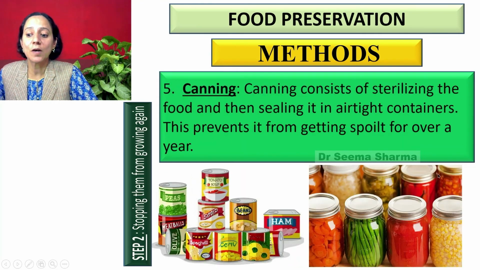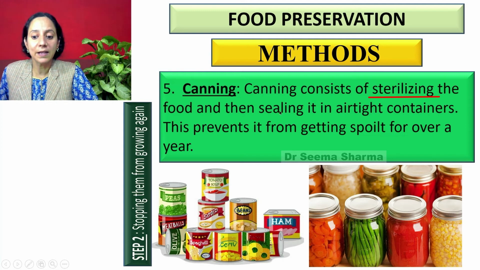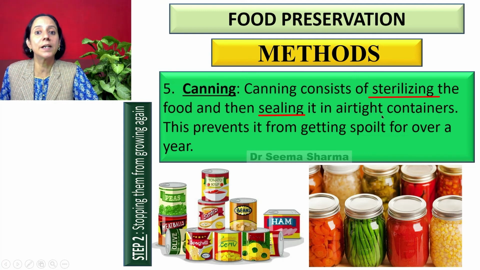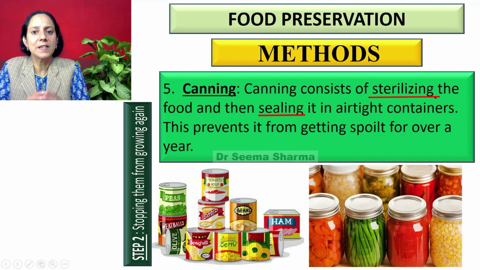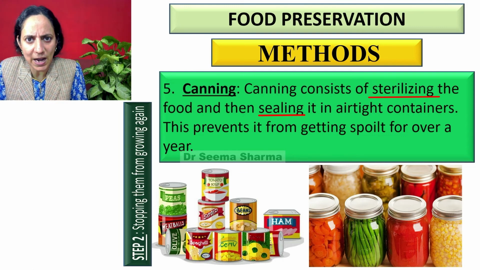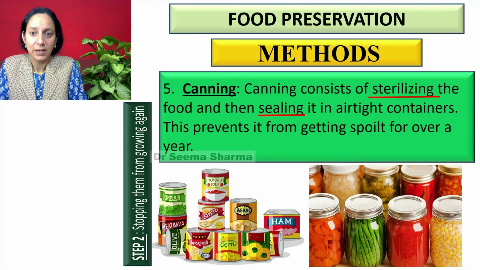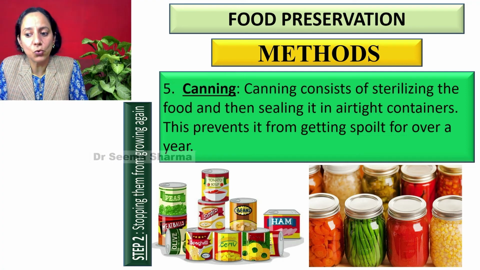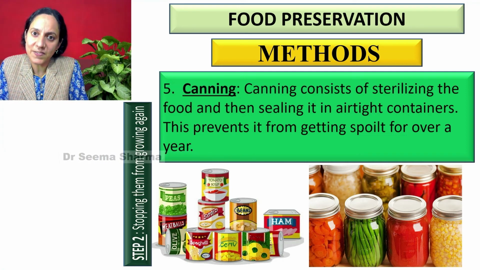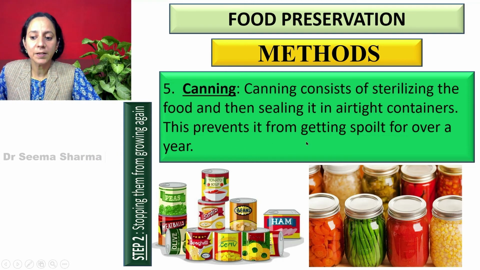Canning consists of sterilizing the food and then sealing it in airtight containers. Sterilizing means making any food item free of microbes. It can be done through heating, it can be done through cooling, and then they are sealed in airtight containers. It prevents them from getting spoiled for more than a year.